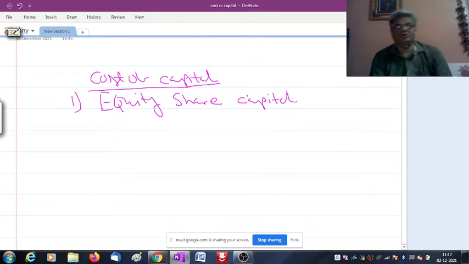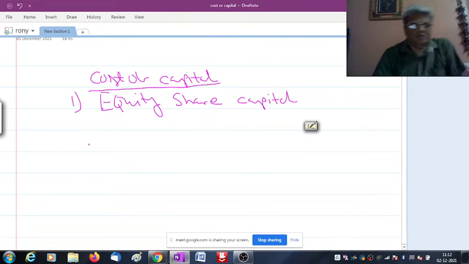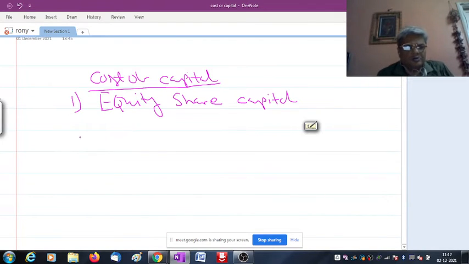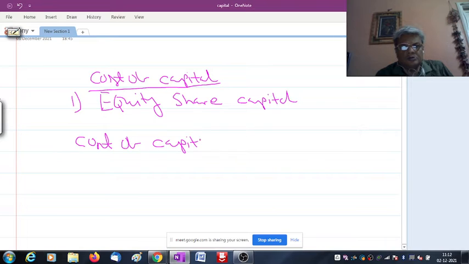Now before coming to equity share capital, let us try to understand the concept of cost of capital. Any idea regarding this cost of capital?